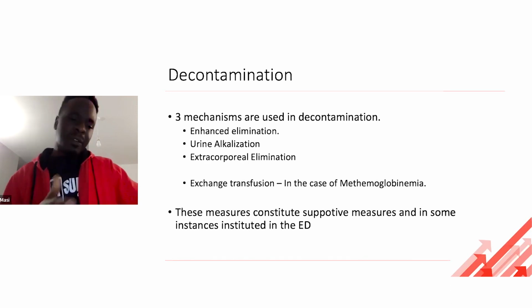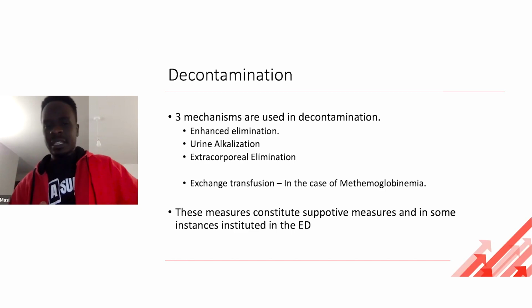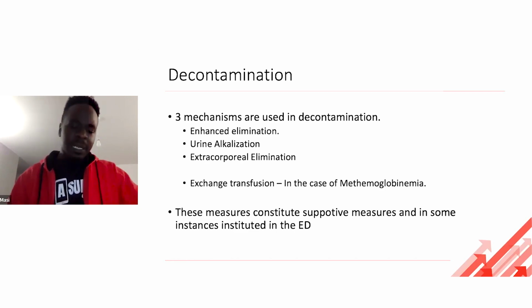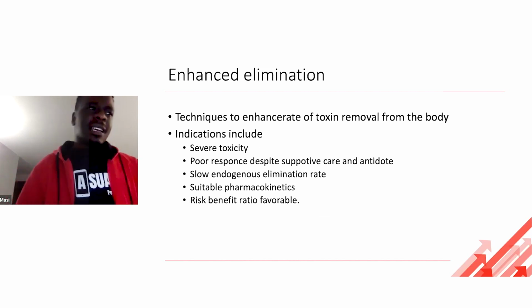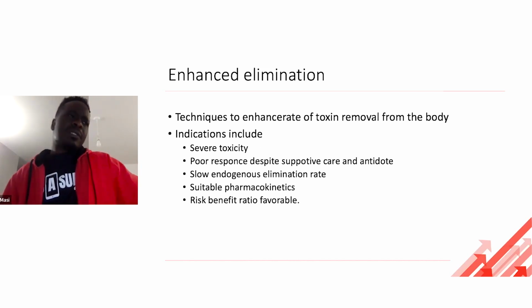So after you manage the airway, breathing, circulation, so if your patient is not able to support the airway, you intubate, you put them on inotropes or whatever level of care they needed. After you're done with that, you need to think about removing whatever toxin is there. So I'll just have a short conversation about enhanced elimination. This is a technique to enhance removal from the body.